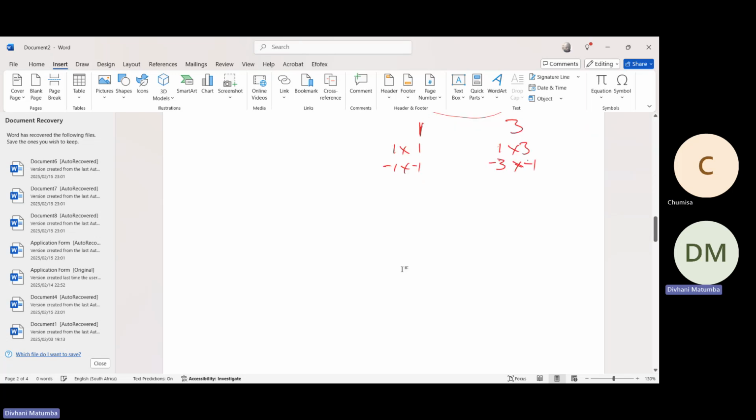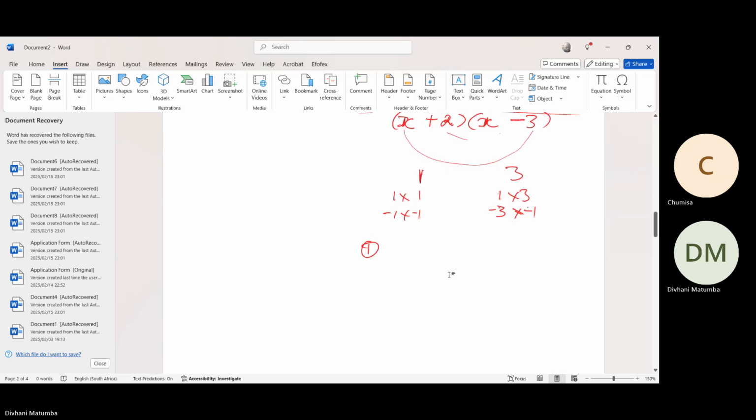Perfect. Make sure that all the factors are listed. First combination, we're going to have 1 times 1 plus 1 times 3, which is 4.